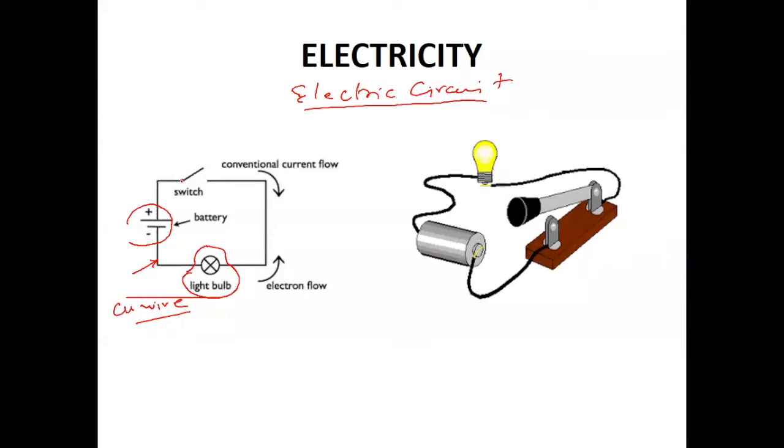If this switch is closed, current will flow and light the bulb. Okay, so you can see in another diagram, this is a battery and this is a switch and this is a bulb.